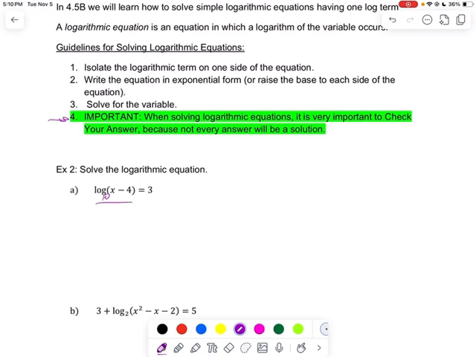So if I convert it into exponential form, I get 10 to the 3 equals x minus 4. And then what is 10 to the 3? It's 1000. So x minus 4 is equal to 1000, and then x will be equal to, when we add 4 to both sides, 1004.